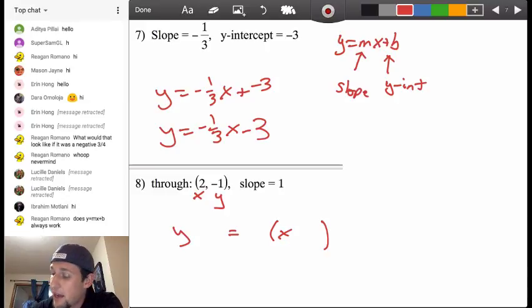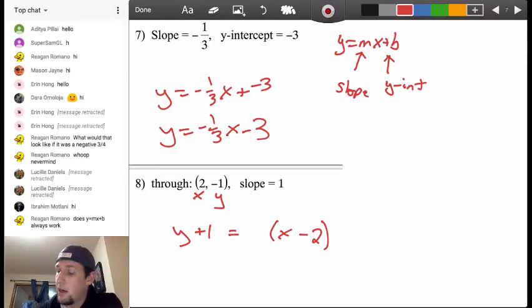So after my x, I'm going to put a minus 2. The reason is, if I plugged in the 2 from my value, I would get 0. I'm going to put in a plus 1 right here, and the reason is that if I were to plug in my negative 1 from my point, I would get 0.